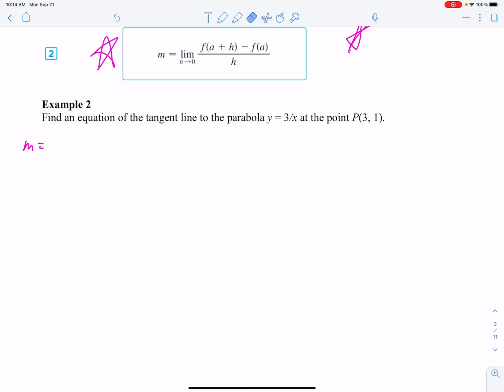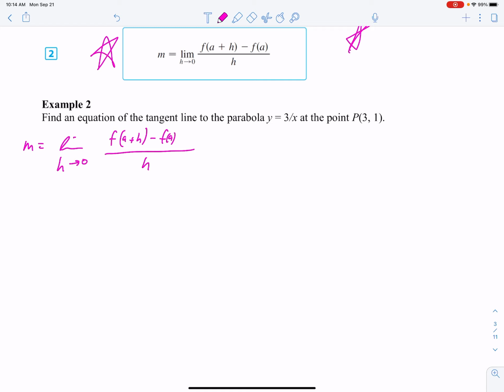Slope equals the limit as h approaches 0. Again, you must use that limit notation. So we'll do f of a plus h minus f of a over h. All right.